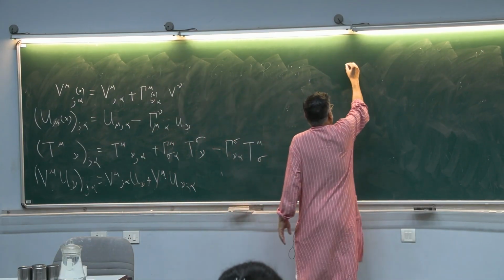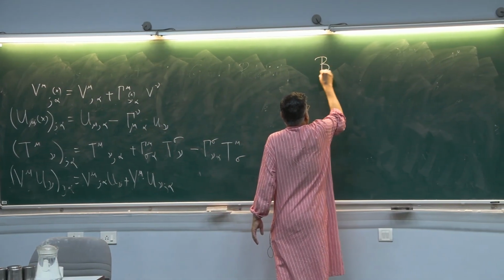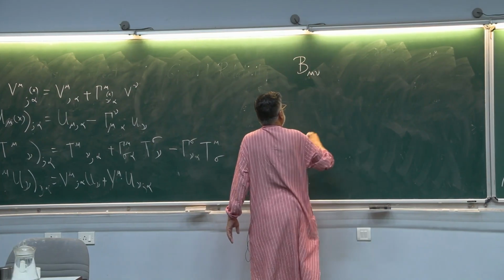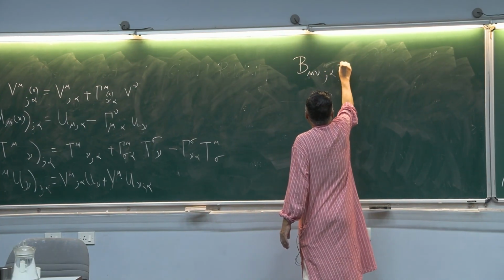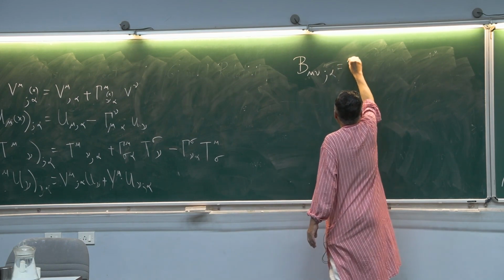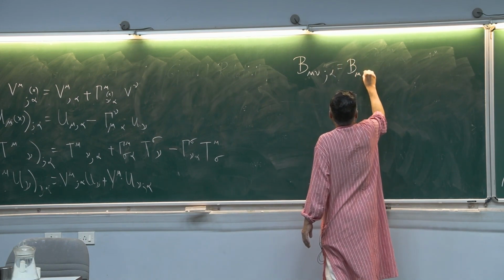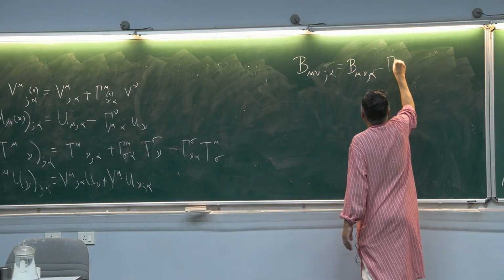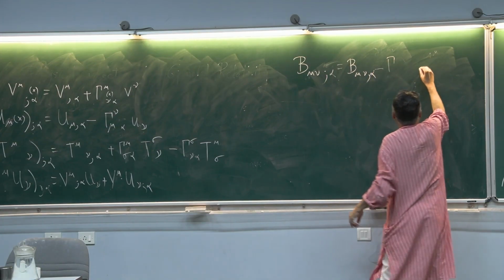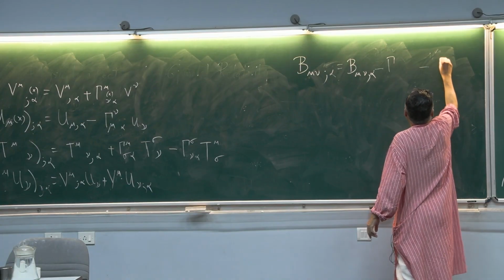Similarly, if you had a covariant tensor B_{μν}, then its covariant derivative with respect to α will be the ordinary partial derivative, and now there will be two minuses because they are all covariant indices.